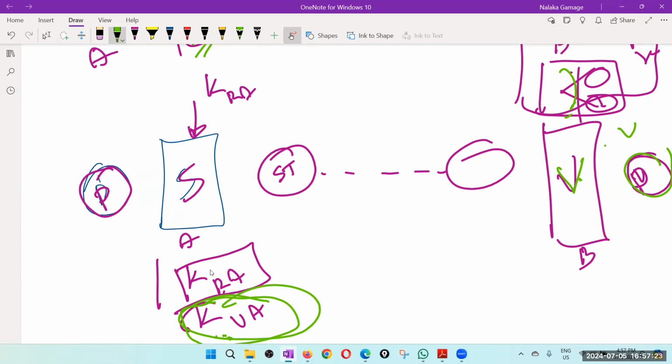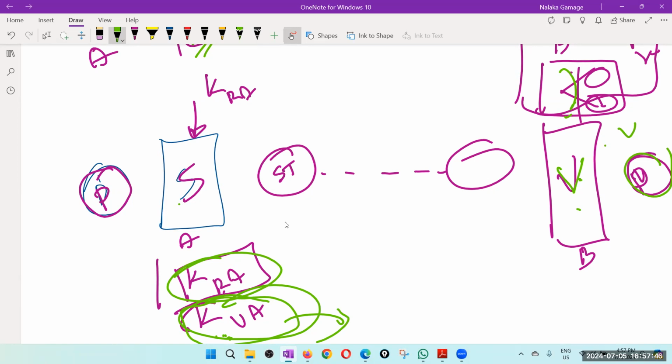But since that person doesn't know the private key, they will not be able to sign it correctly, so this key will verify. As long as the receiver gets the key of the correct sender, you can check whether it is coming from the real sender or not.